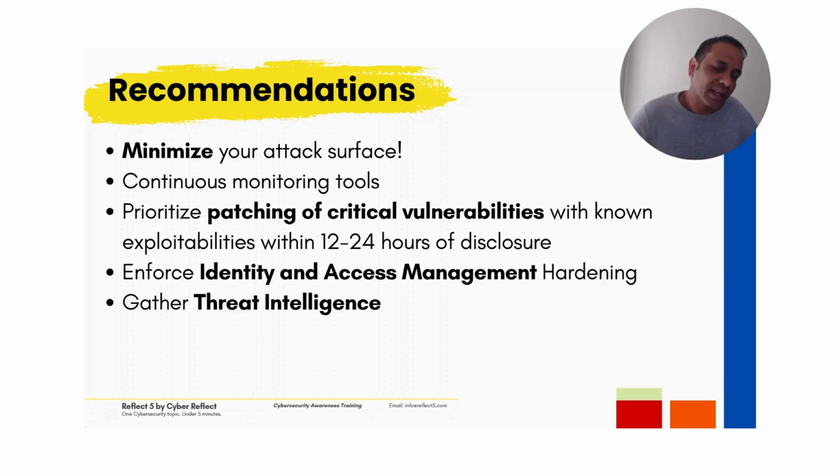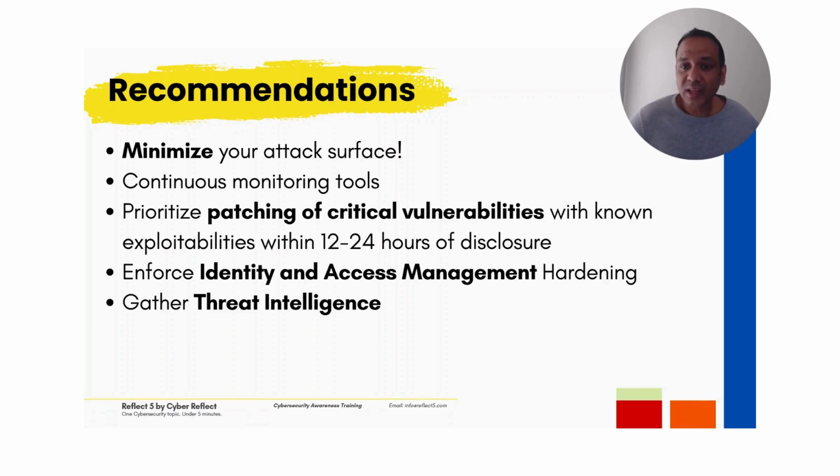So minimize your attack surface, close any unused services, ensure that services that are being used are continuously being monitored, ensure that you do not have shadow IT equipment in your IT environment, because you cannot protect what you do not know.